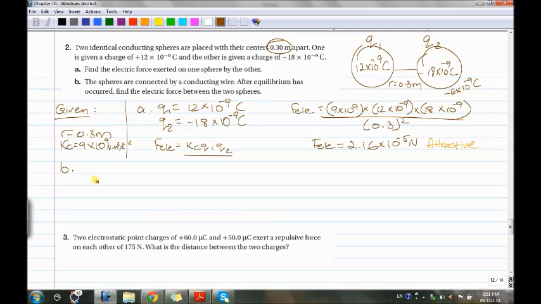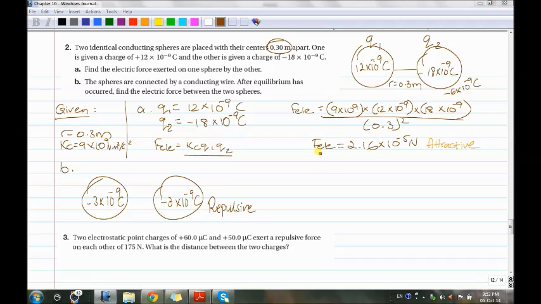So let's draw here. We divide this by 2, so it will be negative 3 times 10 to the power of negative 9 coulomb, and here it will also be negative 3 times 10 to the power of negative 9 coulomb. And here we would know that this is repulsive, because they are both negative.